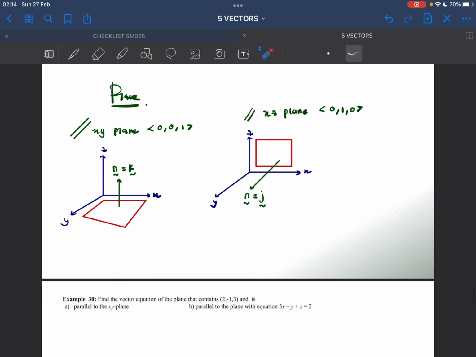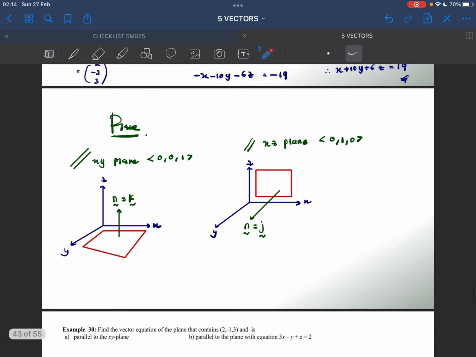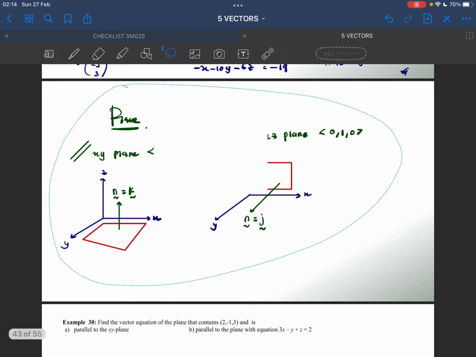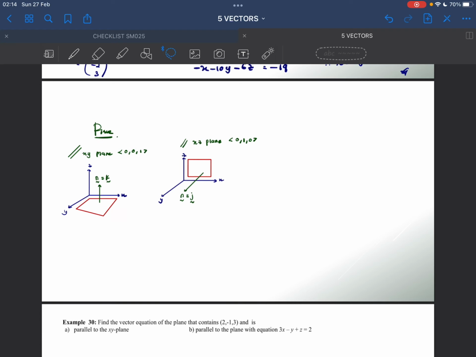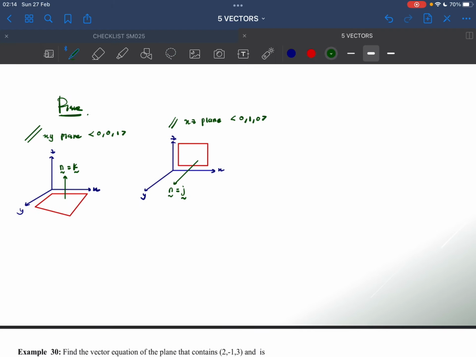And of course we have another one, which is parallel to the yz plane. Let me quickly resize this. So if we write the axes here, we have x, z and y.